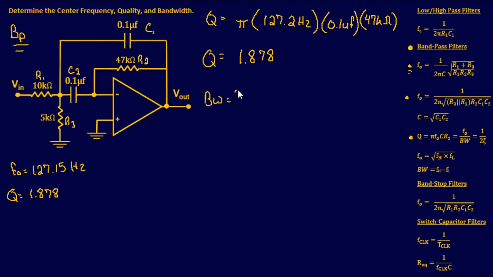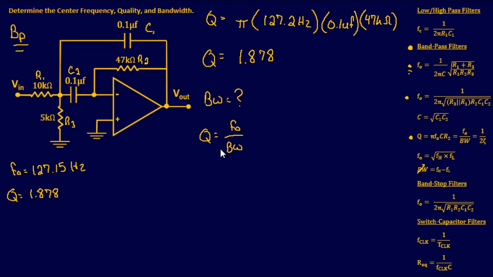Now, the last piece of the puzzle, we're going to find our bandwidth. We'll look to the right. I can find bandwidth by determining my high cutoff and my low cutoff frequencies, but I don't have those, so I'm not going to use this one. However, I do have my center frequency and my quality, which means my quality equals my center frequency over my bandwidth.